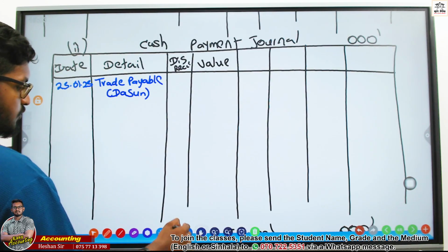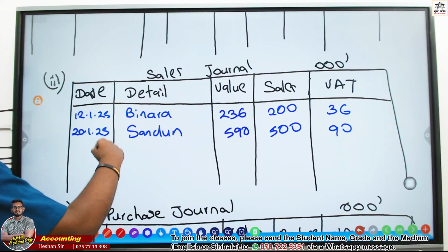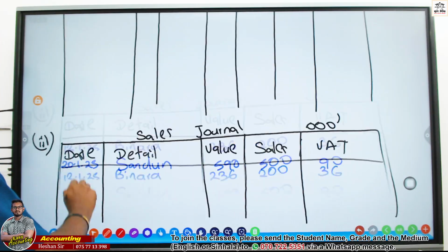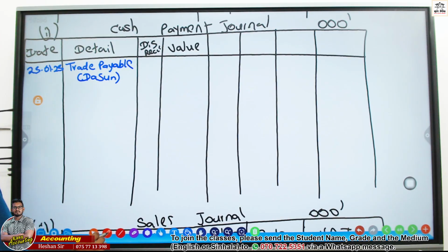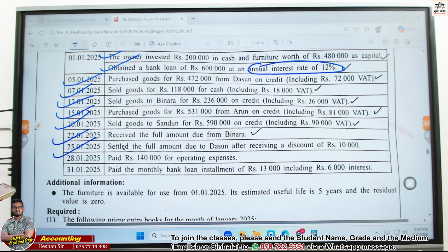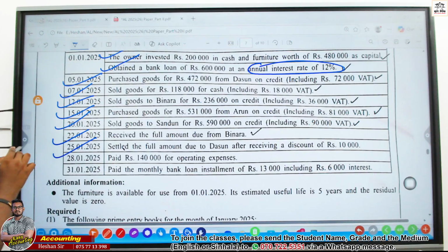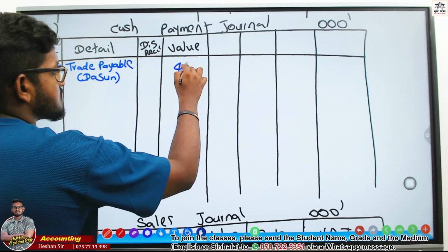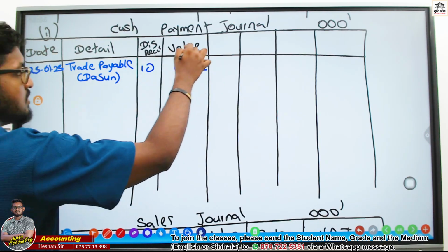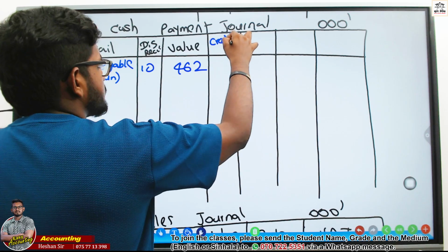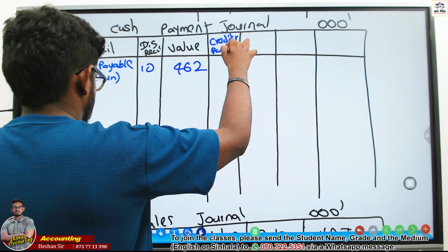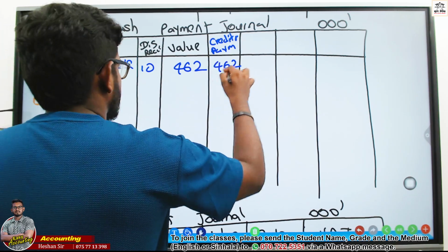How much we owe to Dasun? 472. Pay 472. We paid it with 10% discount. We paid 460. Creditor payment. 400.